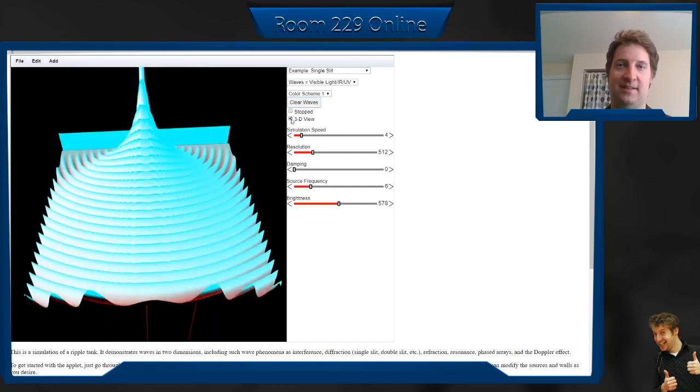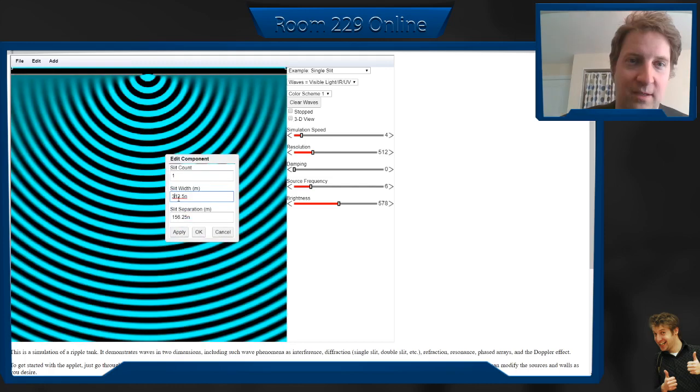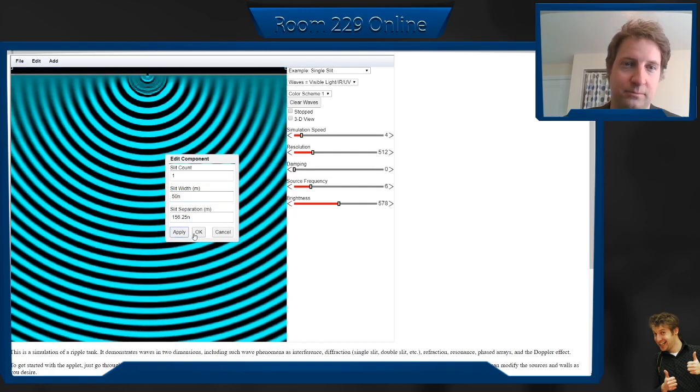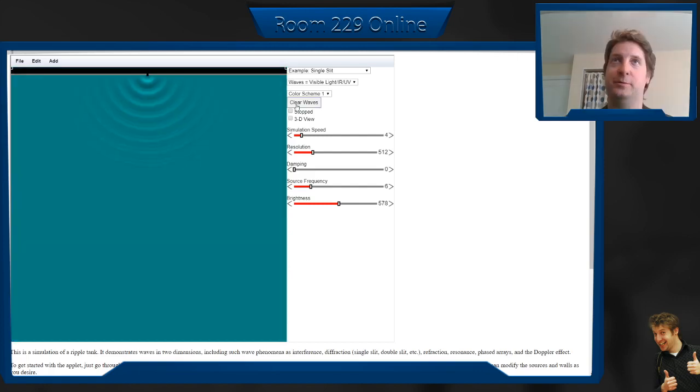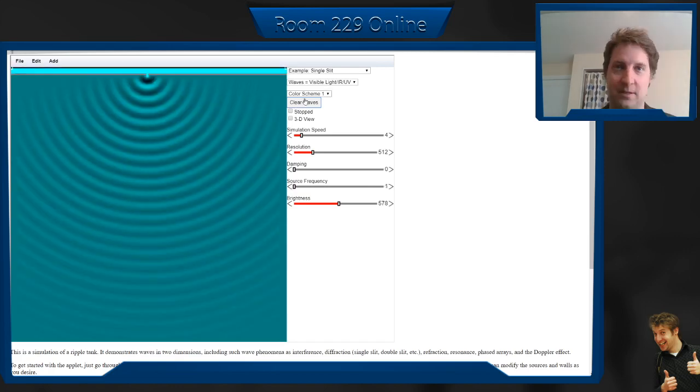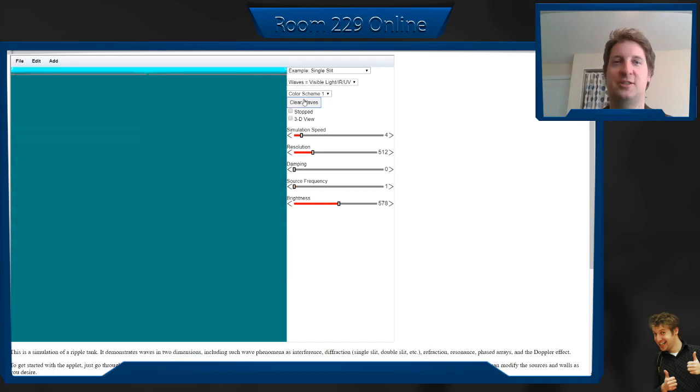But another interesting feature is if I reduce this aperture width, let's make it like 50 or something, a very small aperture, the waves can barely get through. If the aperture size is much, much smaller than the wavelength, the waves are unable to get through.